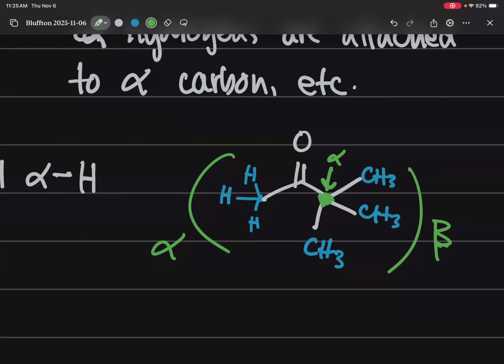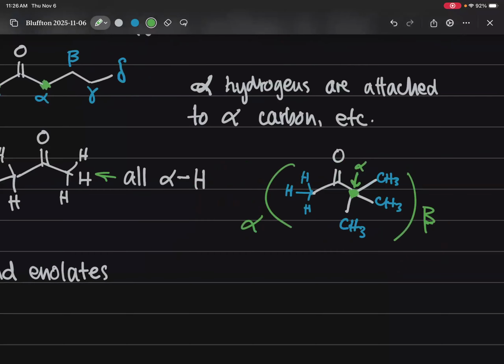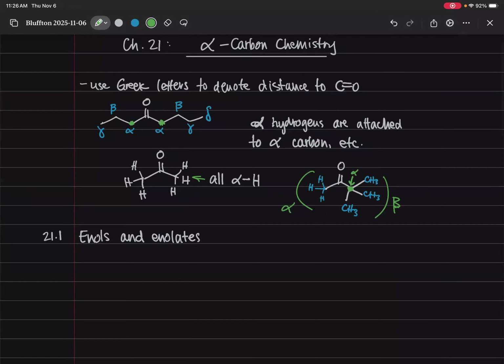So if we see CH3s, we don't just include those as beta, not necessarily. It all has to do with the distance to the carbonyl. I think it'll make more sense when we do some actual reactions.